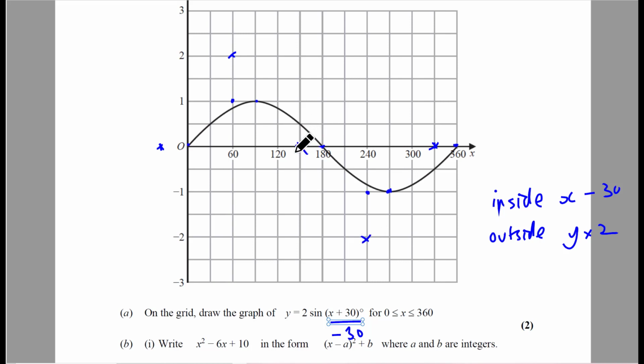So let's just do these x's, so you can see that point. And essentially you should be able to draw that now. So imagine this point here, just to line it up. So that's going to be like that.